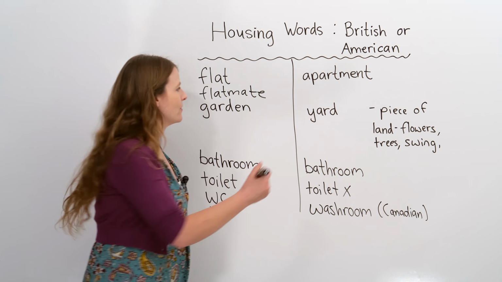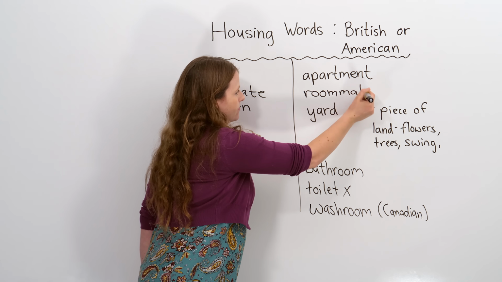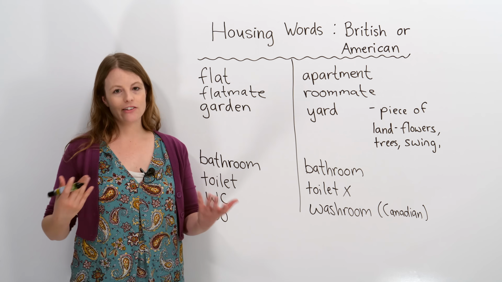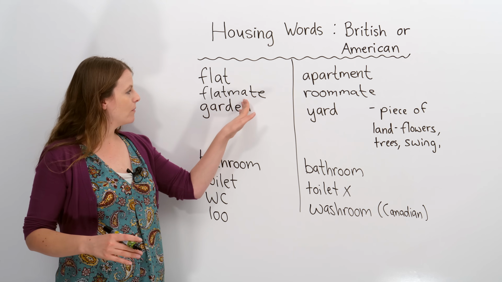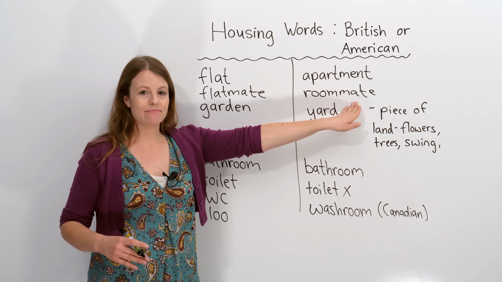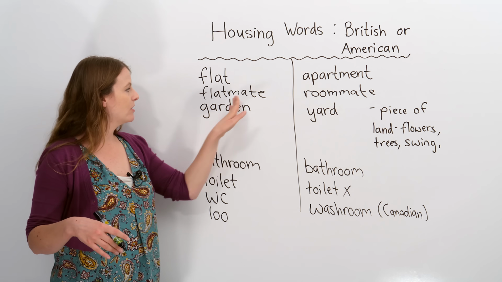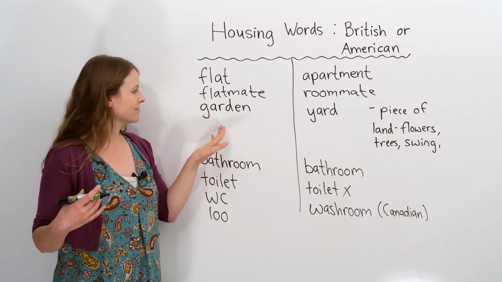We can use roommate, or we can use housemate. So both of these words are common to use. Both of these words end in mate, but in North American English, we often talk about a roommate, whereas in British English, we talk about our flatmate.